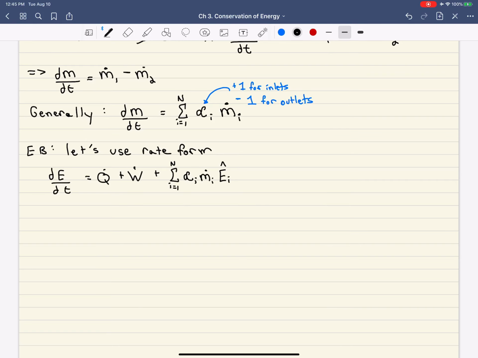Okay? As we know, energy can be split up into three contributions: the internal energy, the kinetic energy, and the potential energy. And so we could do the same thing here.